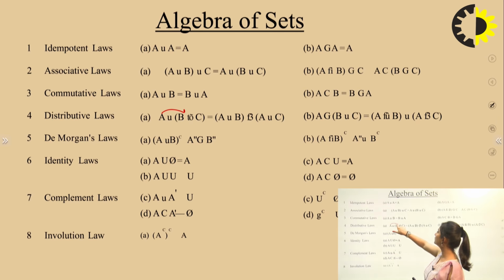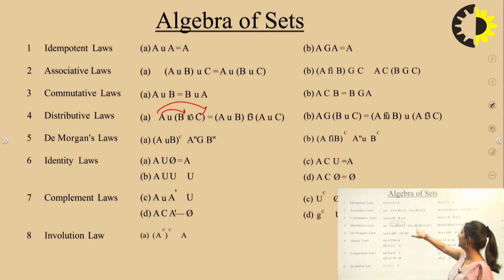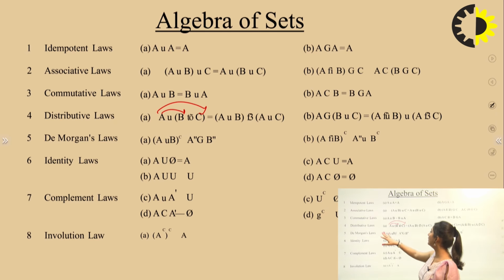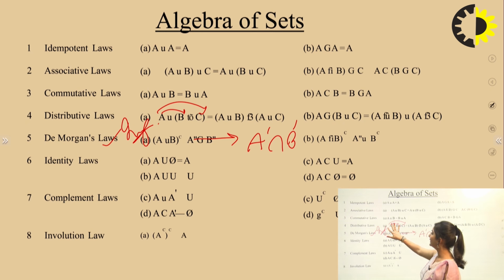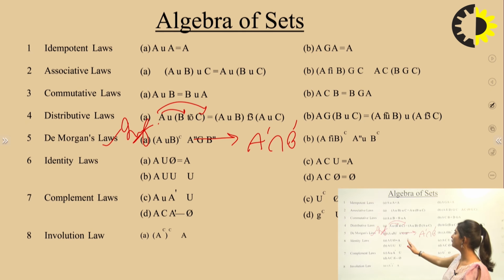This A you distribute to both of these, it is A union B, intersection A union C. De Morgan's law: complement of A union B is A dash intersection B dash. This is important. Identity law: A union phi is A.